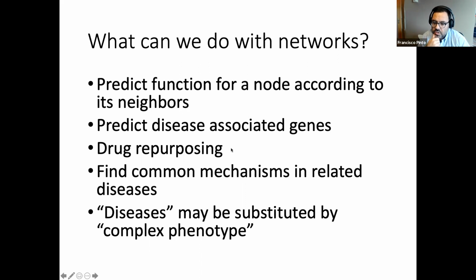And I'm always talking about diseases because my research is closer to that side, but you can substitute the word disease in these sentences by a complex phenotype. You may not be interested in studying a disease, but you may be interested in studying a phenotype in your organism of study, or a process that is carried out by a group of proteins or genes.